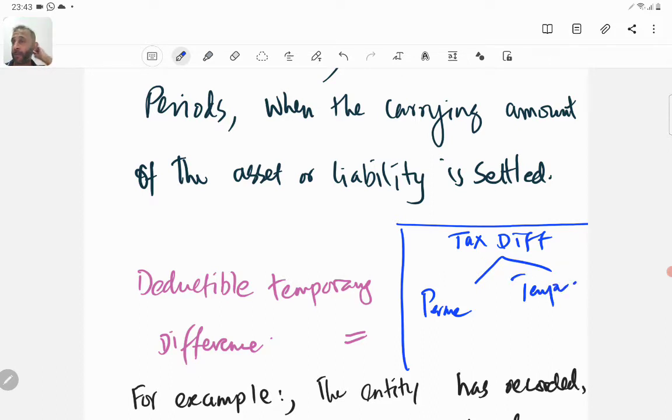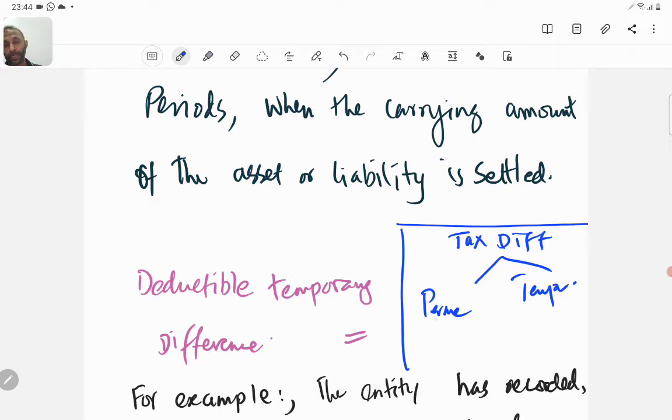Some differences are permanent differences which will not reverse from period to period or time to time. That is permanent. There is no other point to talk about.